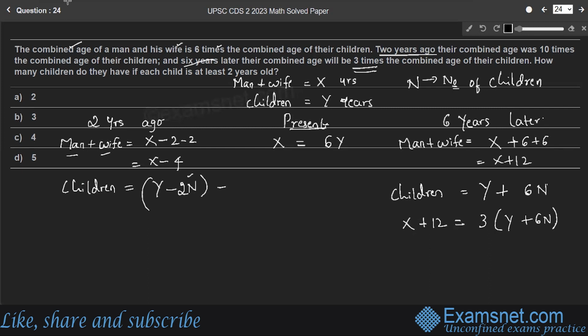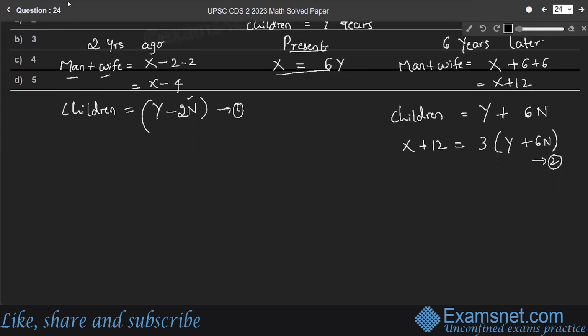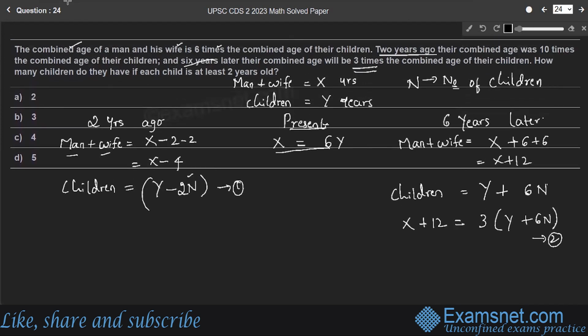So we'll solve equation 1 and equation 2, and consider the relation between X and Y at present later. Equation 1: man and his wife's combined age was 10 times that of their children 2 years ago.